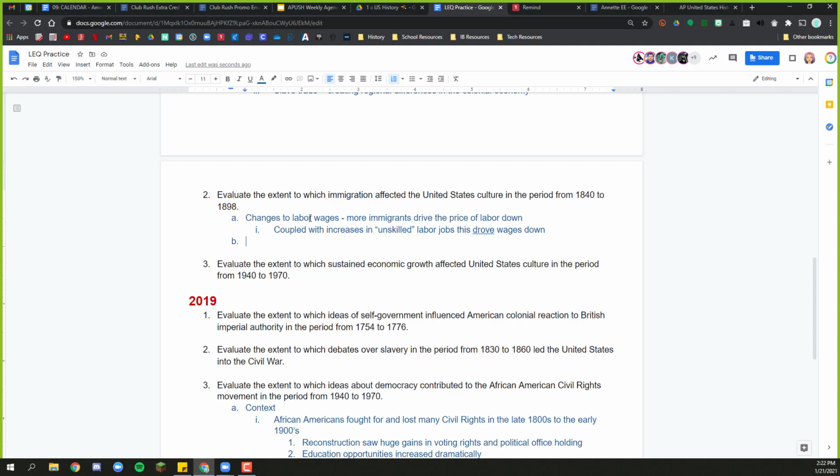So more immigrants drove the price of labor down, so this would be coupled with unskilled.